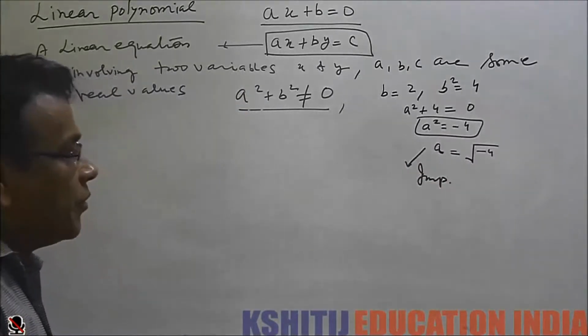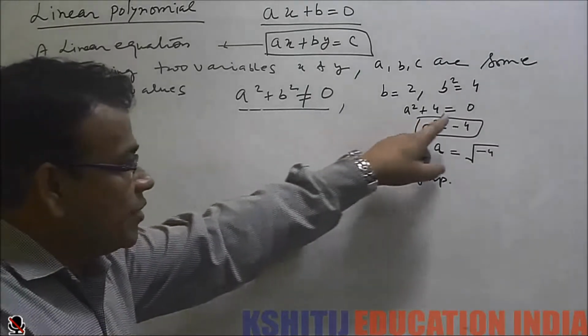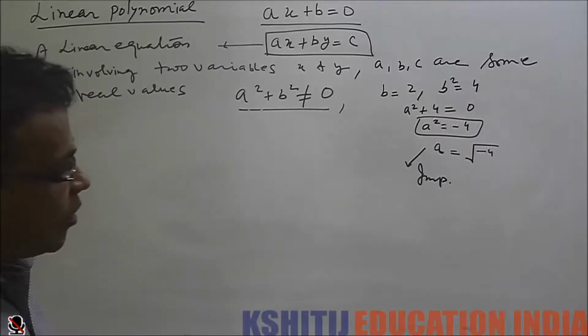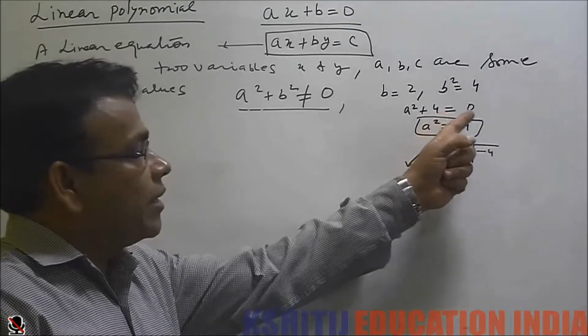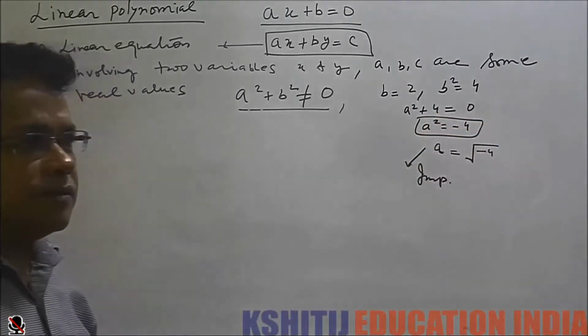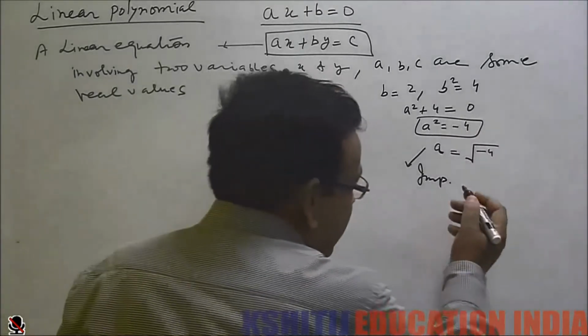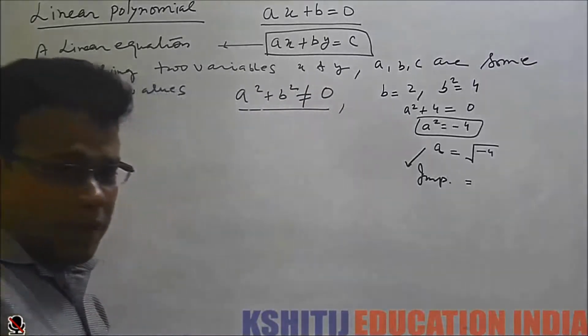So what do we see? If this condition is not met, because I have taken a square and the coefficient of y square is equal to 0, then I would get a is equal to this, some imaginary value.